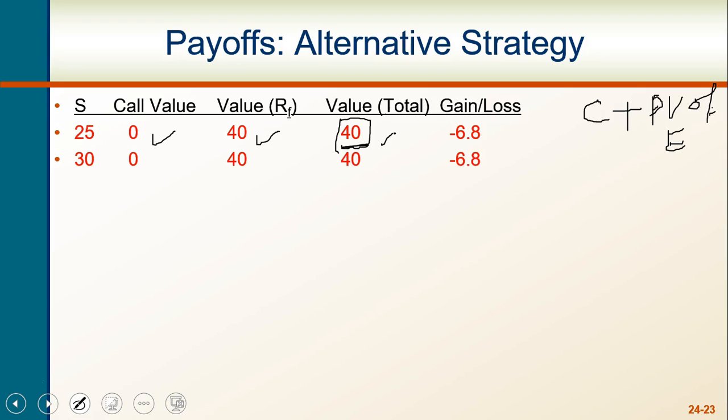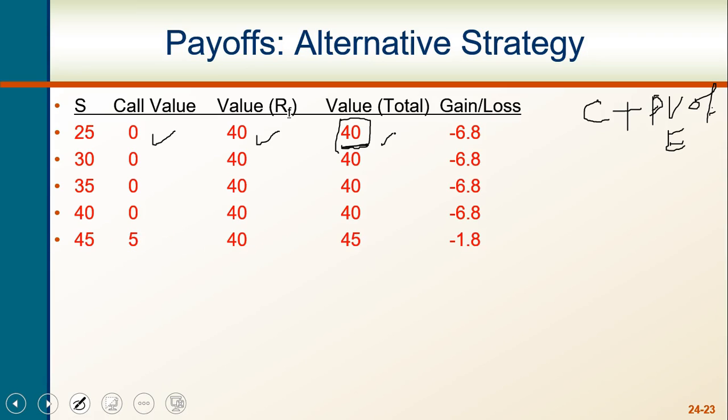So we are losing $6.80 again. Likewise, if you increase the stock price to $35, the call still remains worthless, because 35 minus 40 will give you minus 5, which will mean your total value will be 0 plus 40, 40, and the loss will be $6.80. The same scenario will obtain for a stock price of $40.